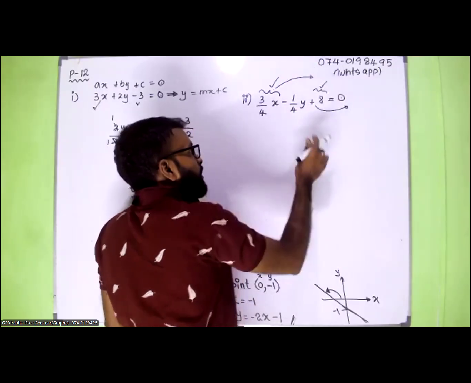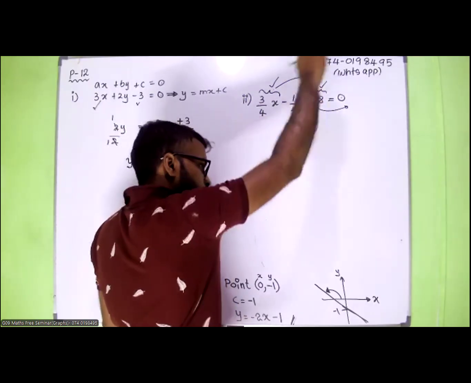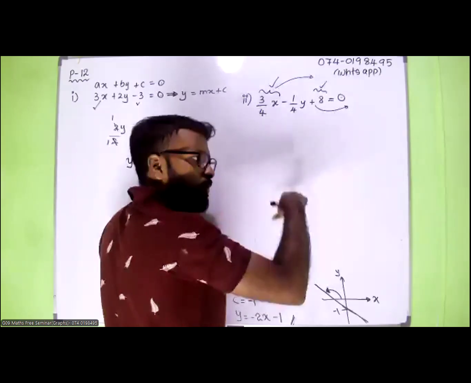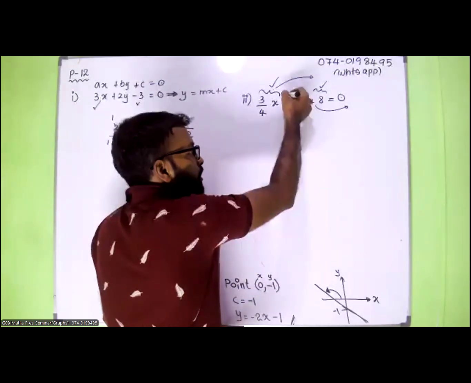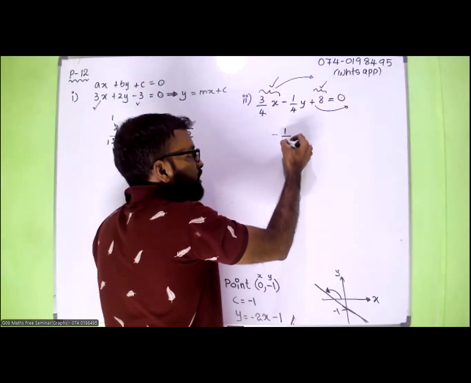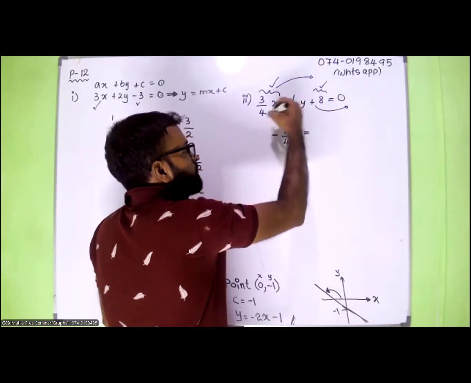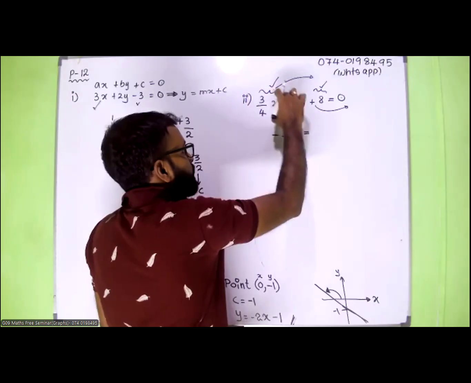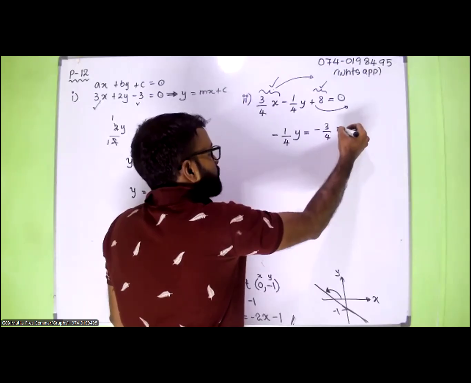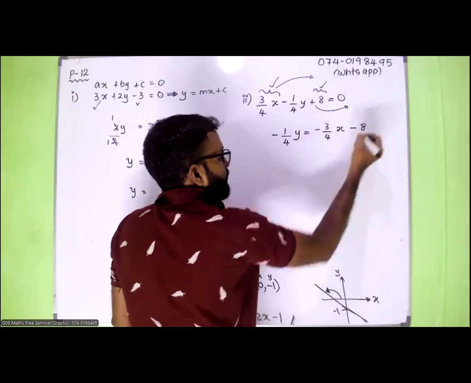This is positive 3 upon 4 x and this is positive 8. When it goes to the right hand side of the equal mark, it automatically becomes negative. So in my left hand side, I only have minus 1 upon 4 y equals minus 3 upon 4 x, and take the plus 8 to the other side, minus 8.